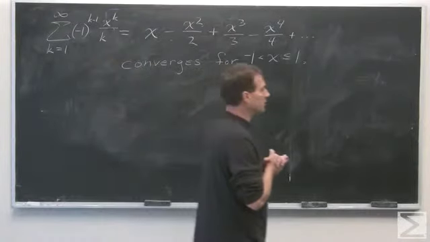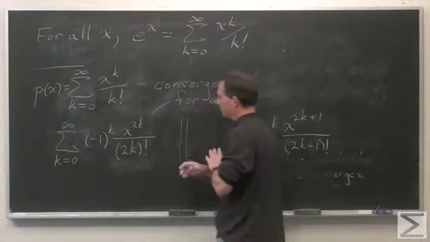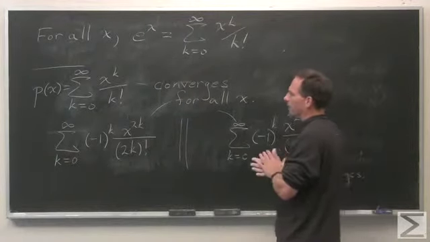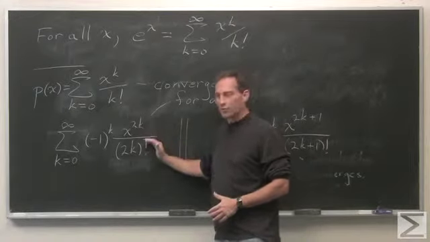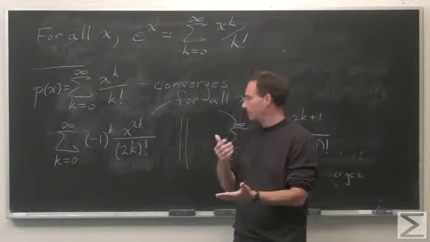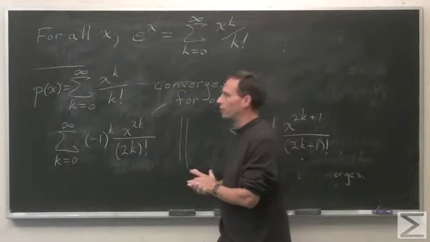In these other series for e to the x, cosine of x, and sine of x, we know that these series converge for all x. Why? Because we know, in fact, they converge and equal e to the x, cosine of x, and sine of x for all x. So in particular, they converge for all x.